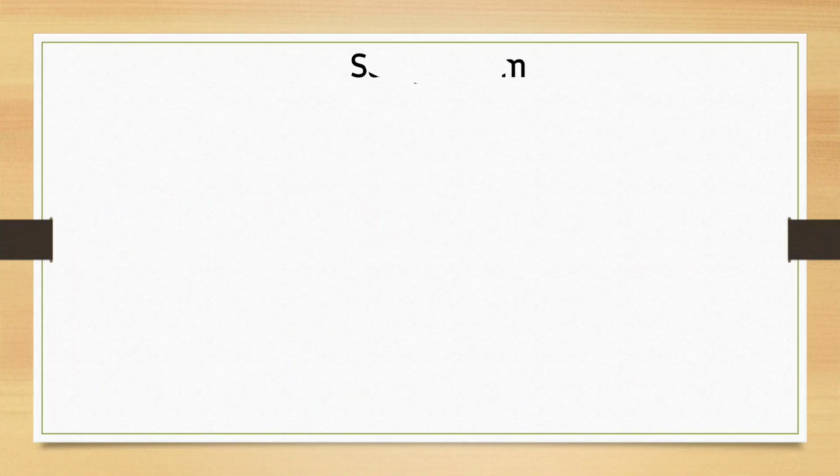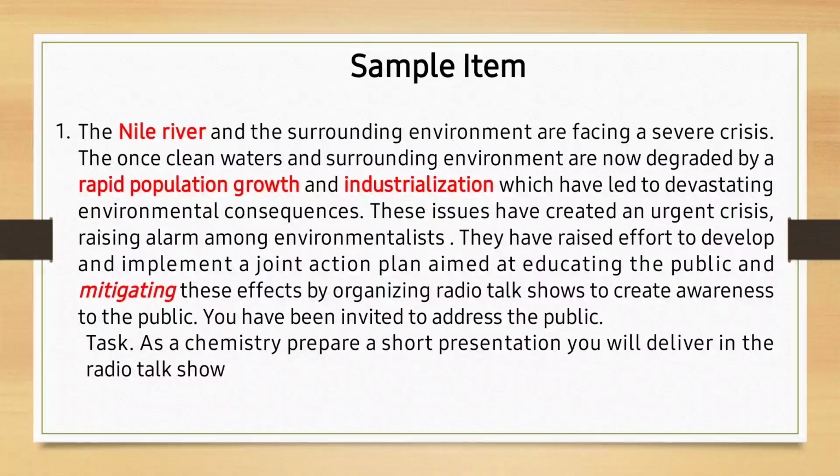We have that scenario. They say the Nile River and the surrounding environment are facing a severe crisis. The once clean waters and surrounding environment are now degraded by rapid population growth, so that's very key. That's why I've highlighted them in red. And industrialization, which have led to devastating environmental consequences.